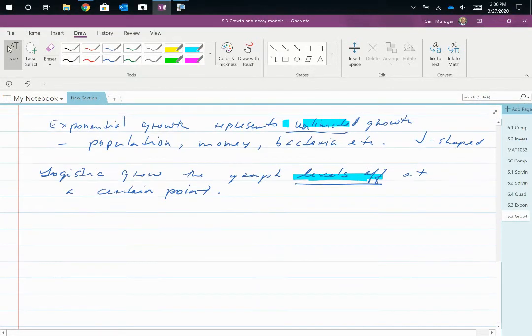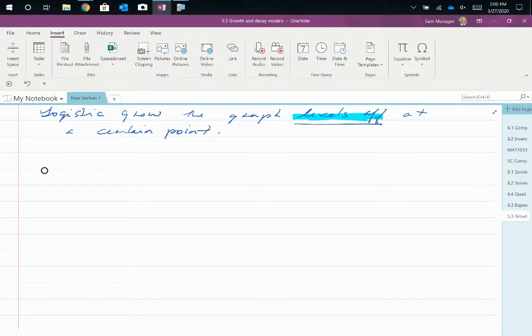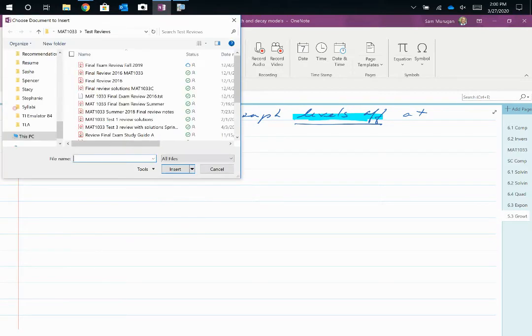So I wanted to go ahead and look at some of the problems from the homework with you. Give me a second to access it and bring it in here. Let's see if I can do that. Insert, file printout. What are we looking for?